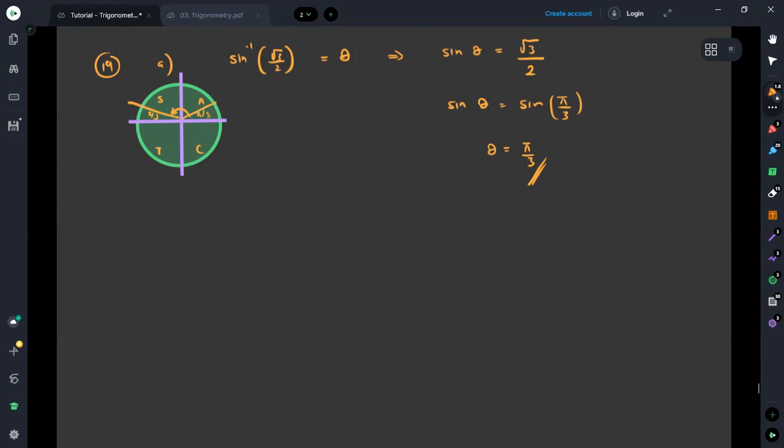If you move one full round, we get further values of theta. Then theta can have the value π over 3.